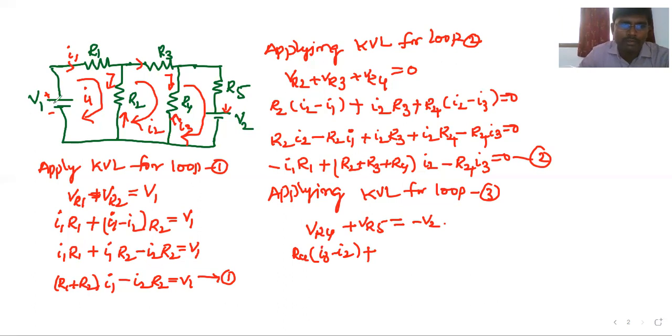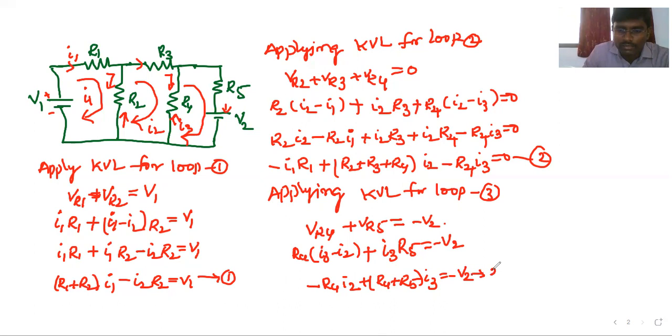The current flowing through R5 is only I3. So I3 into R5 is equal to minus V2. So this gives minus R4 into I2 plus (R4 plus R5) into I3 is equal to minus V2. Consider this as equation 3.